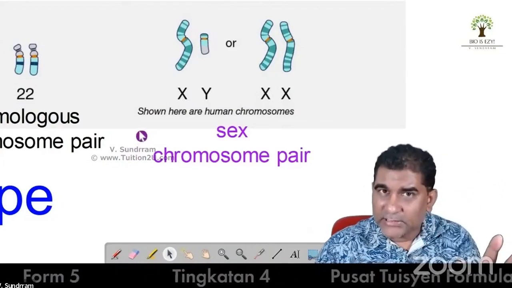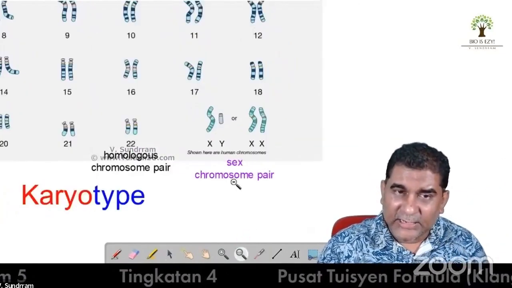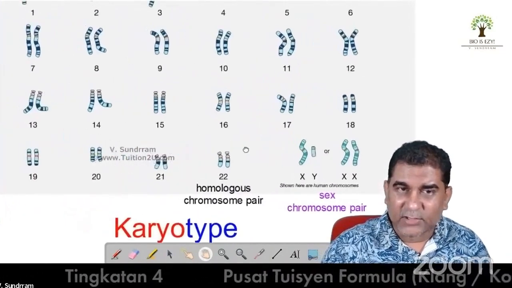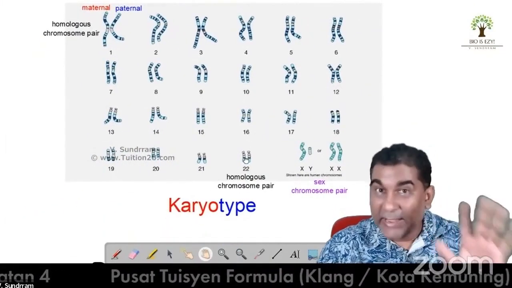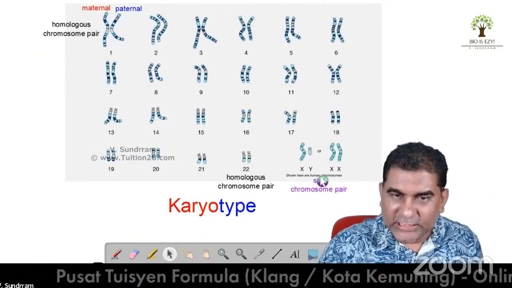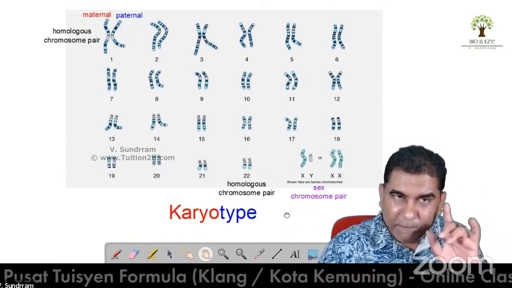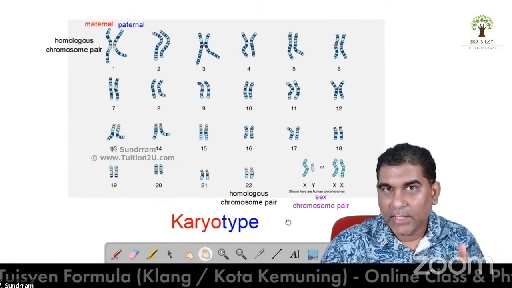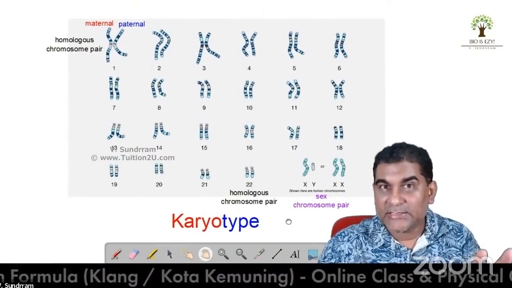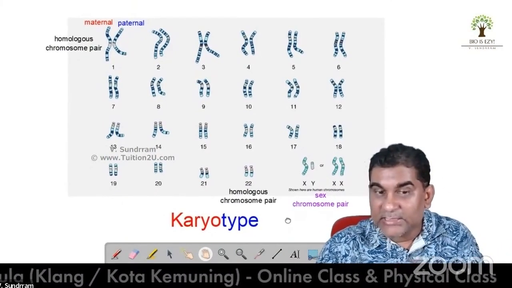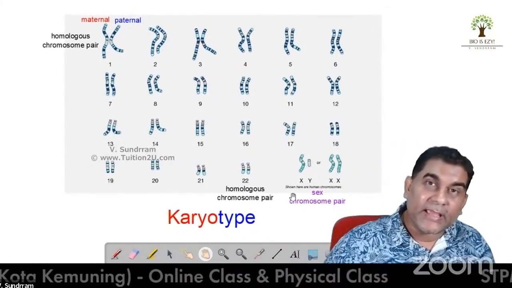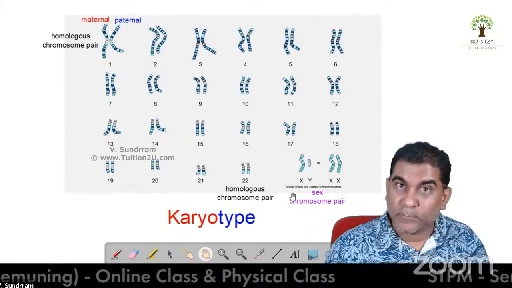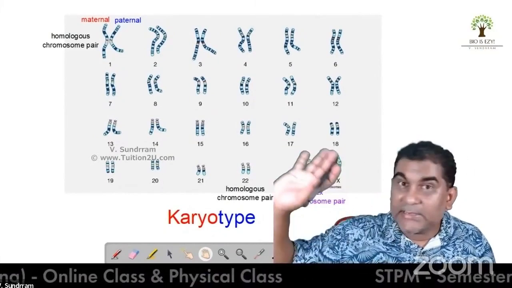So that means inside the karyotype, there are 23 pairs. 23 pasang, 23 pairs. But out of those 23 pairs, the last pair is the sex chromosome pair, because they determine gender.